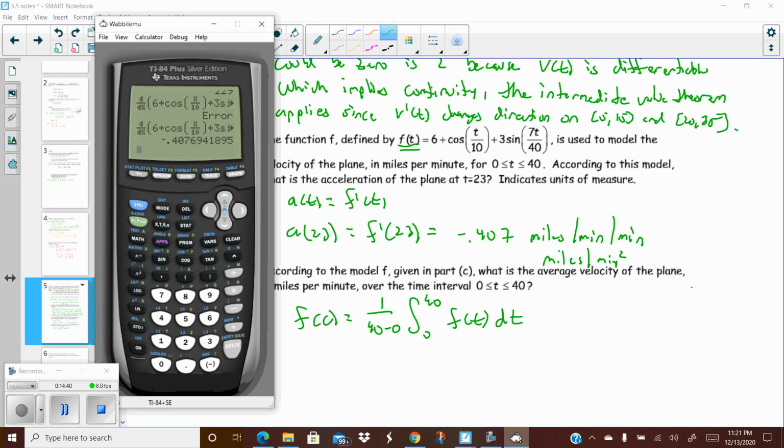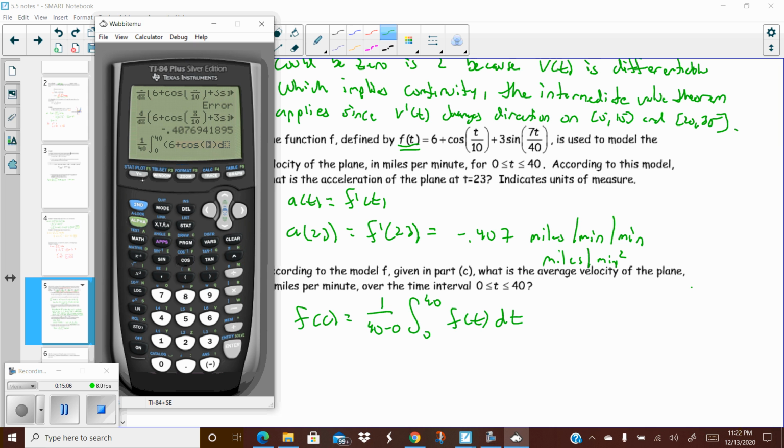So we are going to do alpha, fraction 1 over 40, math 9, integral 0 to 40. Probably should have just plugged all this stuff into the y equals screen and used that, but I'll type it back in.